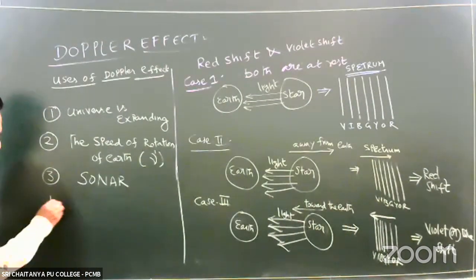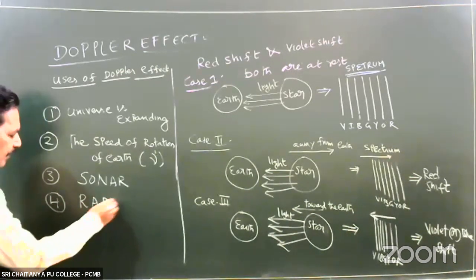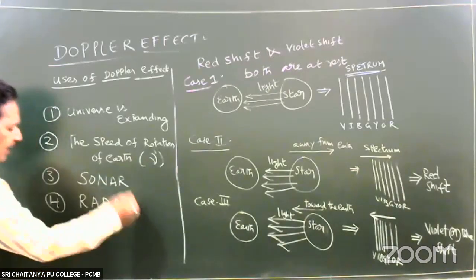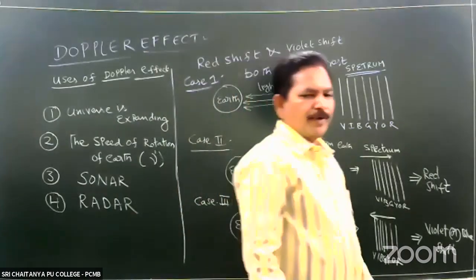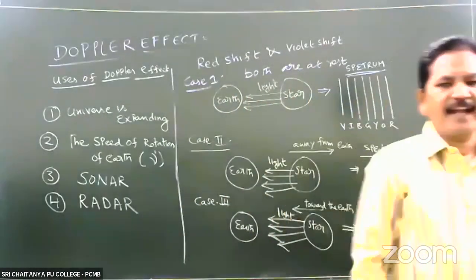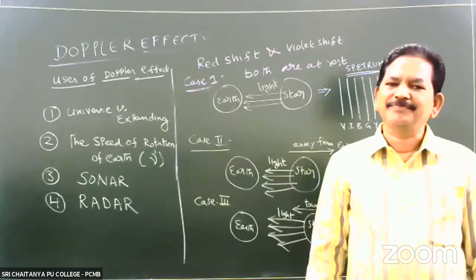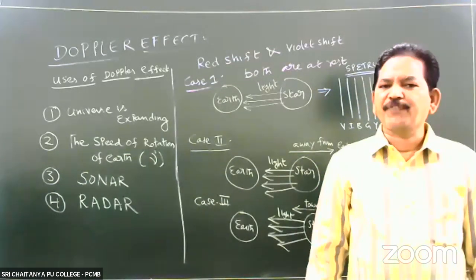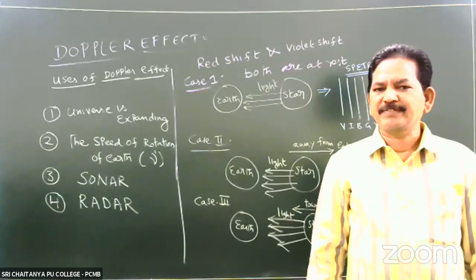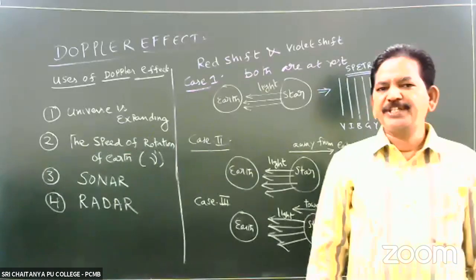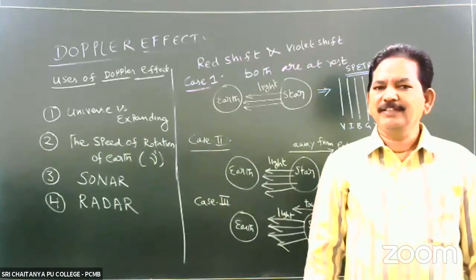It is used in radar also. Radar, radio detection and ranging, radio waves. Radar, position of an airplane, position of a rocket, velocity of rocket. Like that, aerospace, we can find out the position and also the velocity.